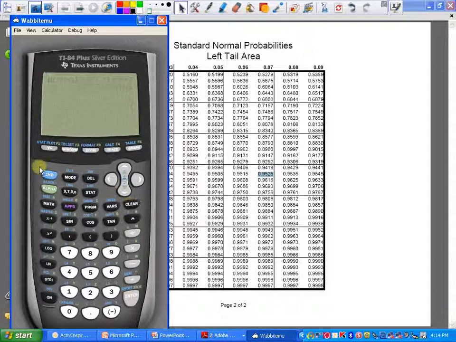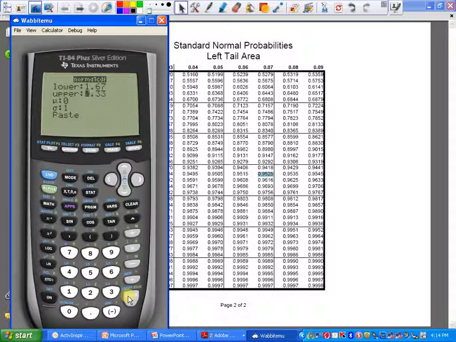So go back to the second option, normal CDF. This time we're trying to find greater than 1.67. Because we're going to the right tail, our lower bound is the z-score that we found, 1.67.